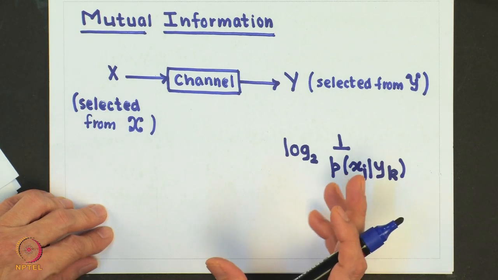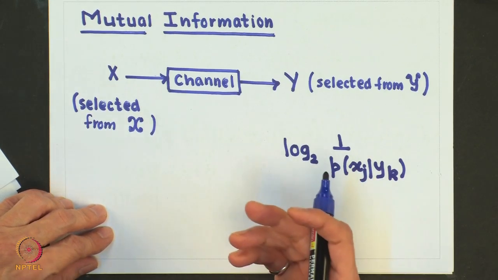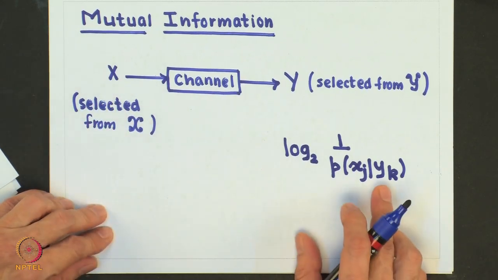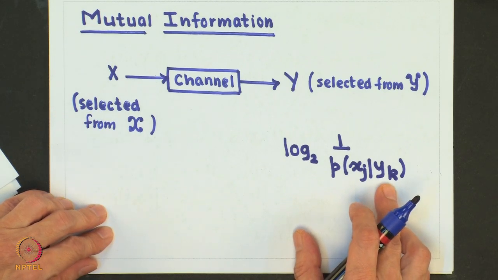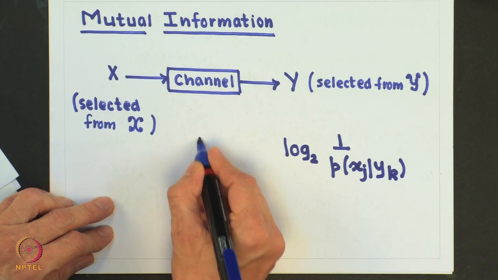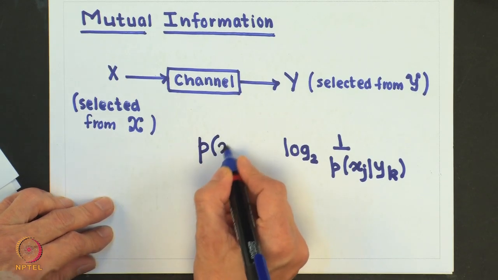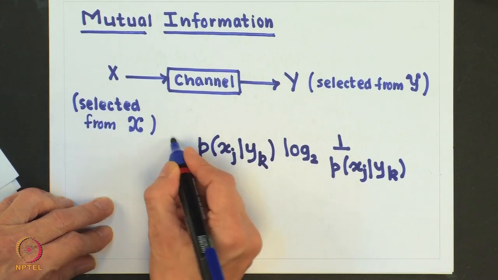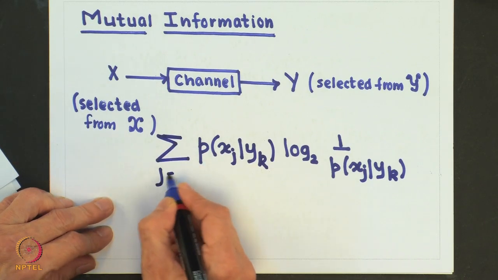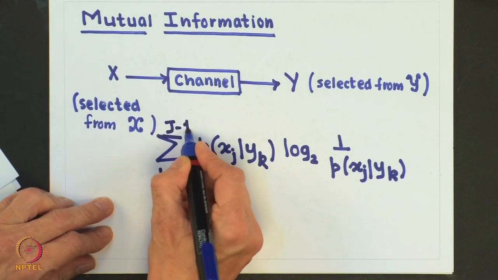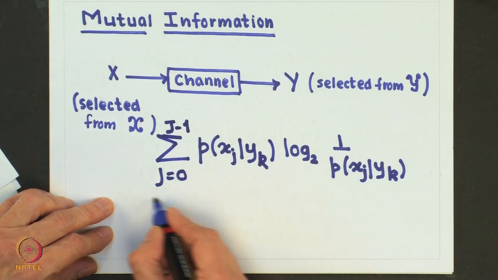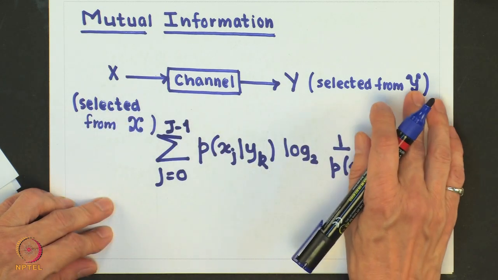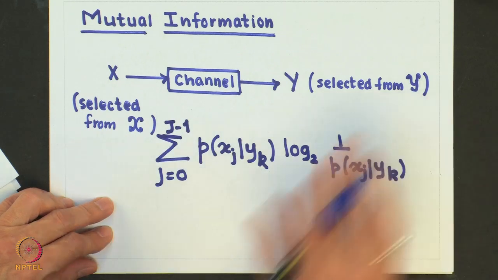So, now what would be the average uncertainty about the input symbol, given that I have observed the output symbol yk? This can be obtained easily by this summation. So, this will be the average uncertainty I will have about the input symbol, given that I observe the output symbol yk.